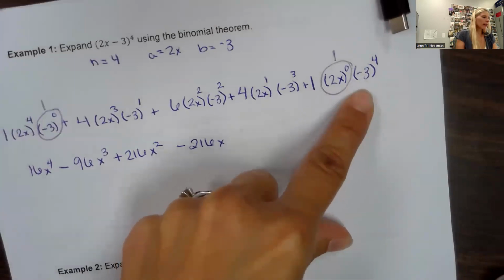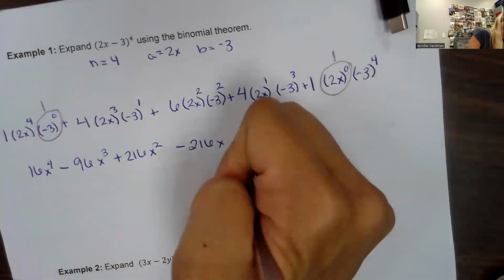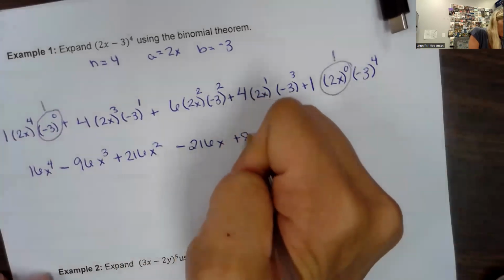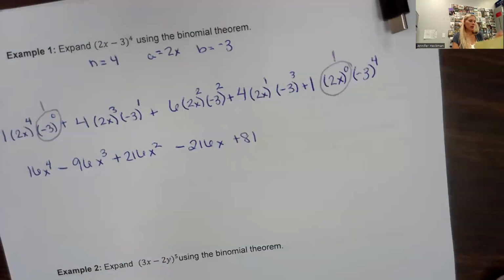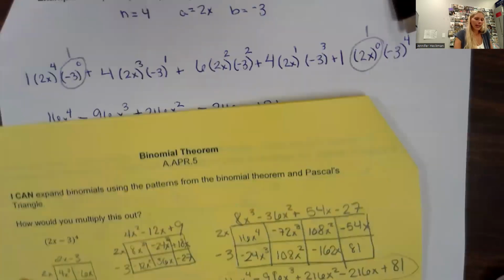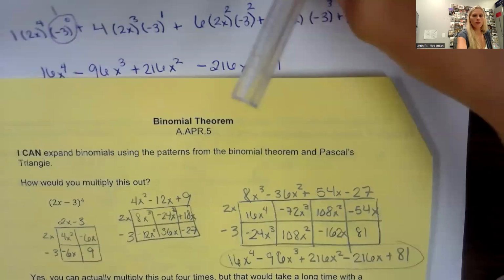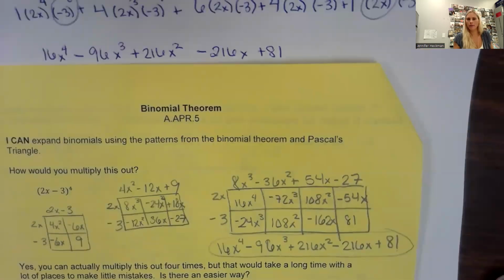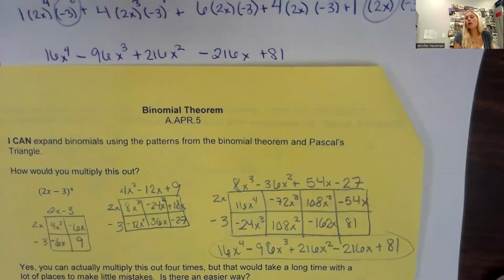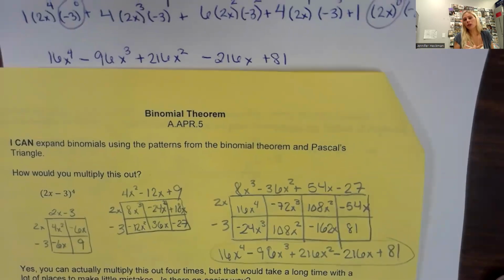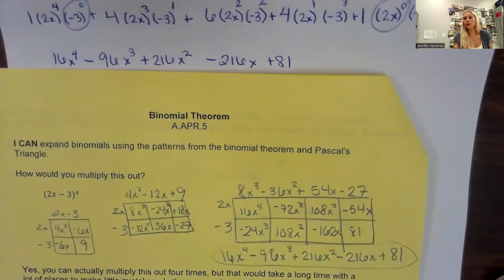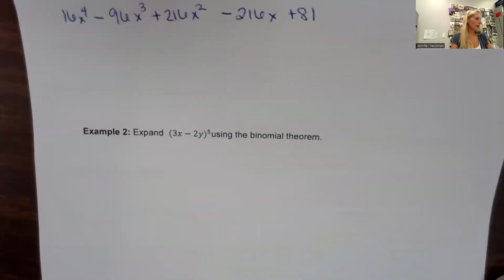If you do -3 to the 4th in your calculator, you get +81. And what do you know? That was the same answer as if we did it the long way. So again, you can use either strategy to get your answer. It's just one takes a little bit more time than the other.